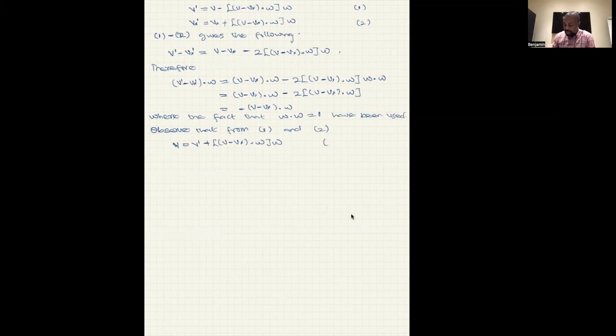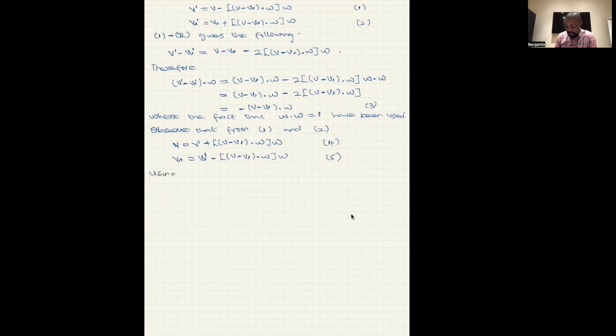Let's call this equation 3 and call the next equation 4, while V star is equal to V star prime minus V minus V star dot omega times omega. We call this equation 5.